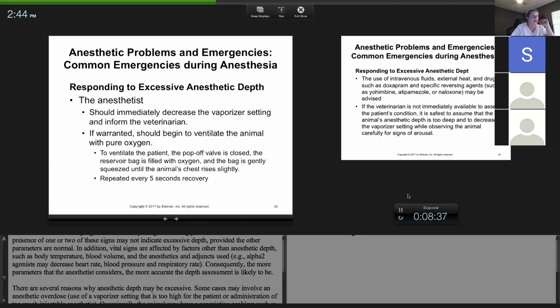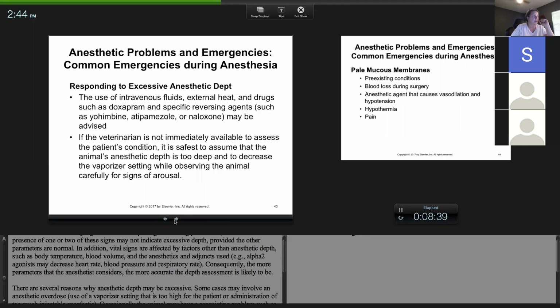And then what I'm going to do is bag the patient and try to warm them. Now, whether you're going to reverse them, if you're just concerned that they're a little deep, you may not reverse them. But if we're concerned that they're excessively deep, we'll probably give the antidote if they had Dexdomitor. You guys are not using pure agonists in surgery.